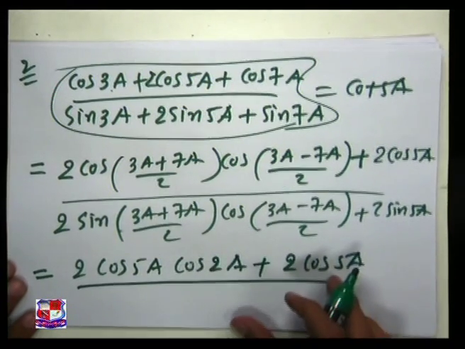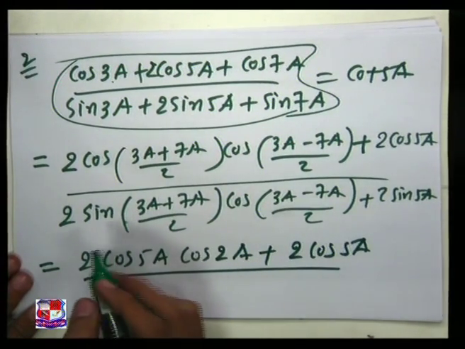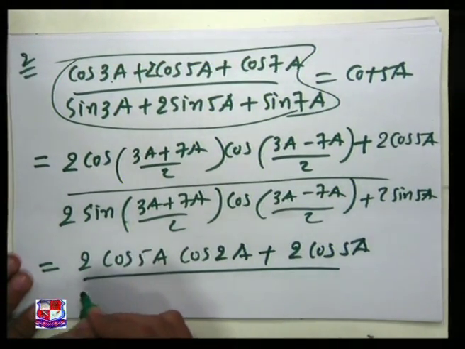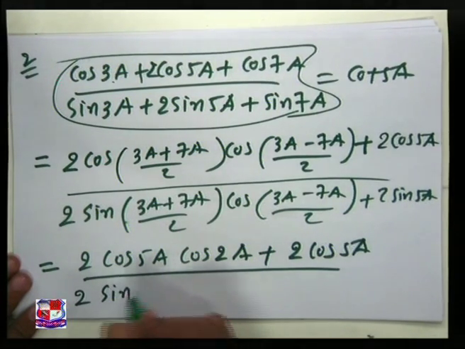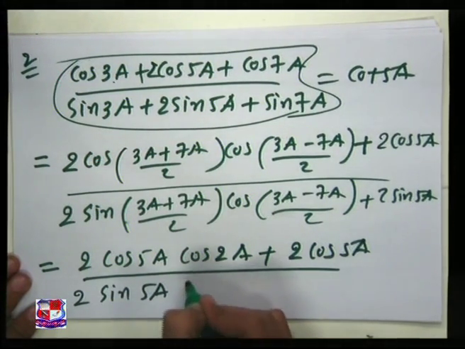The same way for the denominator, here I will get 2 sin 5a into cos 2a.